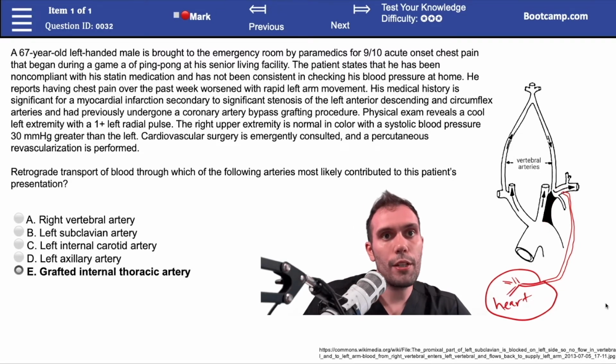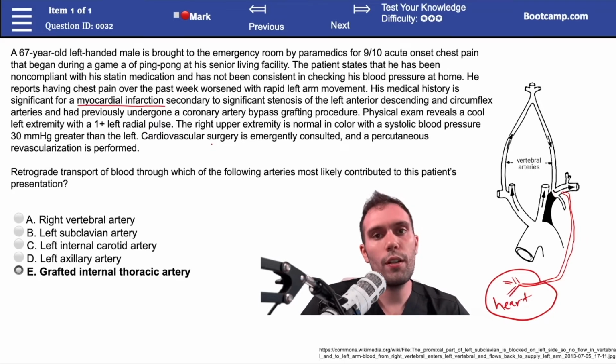But the problem here is I have an area, this patient who's poorly compliant with his statin medication probably has some atherosclerosis, especially in the setting of this history of previous myocardial infarction. So this patient who has activity that's worsened with a rapid left arm movement, very classic for subclavian stenosis. The patient tends to have the chest pain come on when he's moving his left arm.